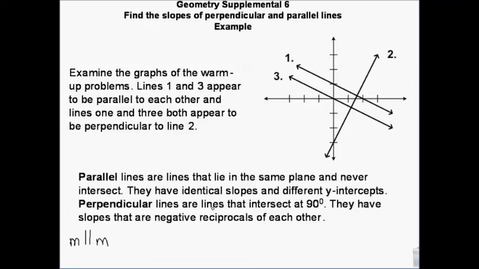Perpendicular lines have slopes that are negative reciprocals of each other. And so what this means is they're opposite and upside down, which we already kind of talked about a little bit. So m would be perpendicular to negative 1 over m. So opposite sign and flipped over. So with real number examples, a slope of 2 is parallel to a slope of 2.